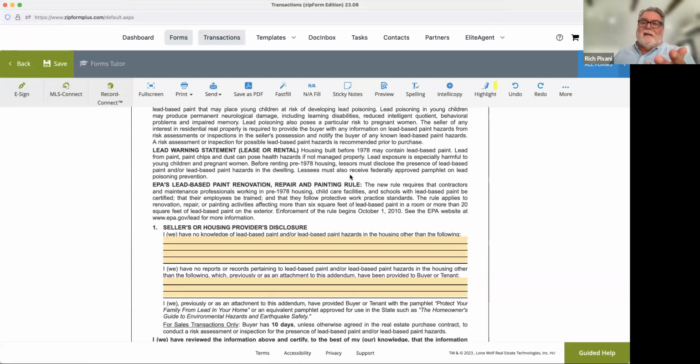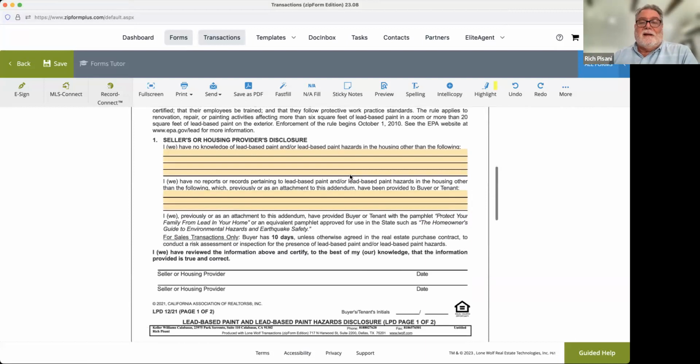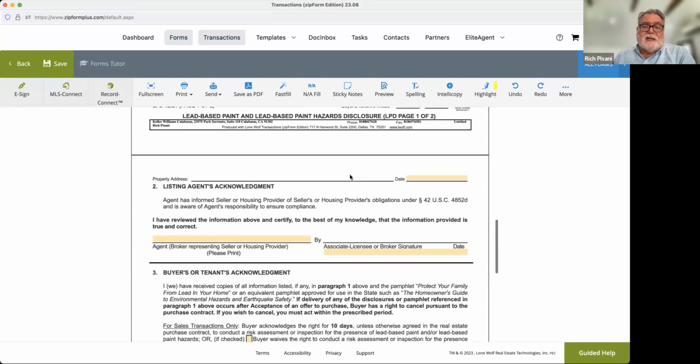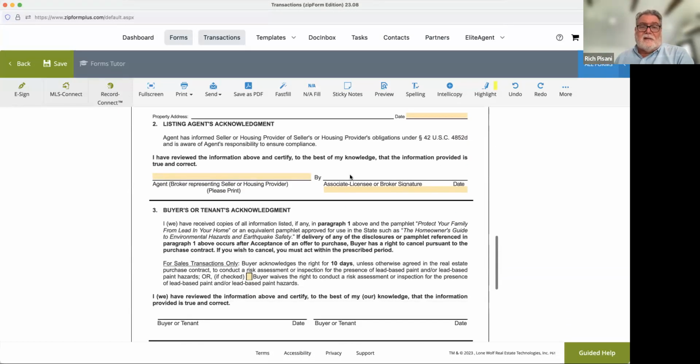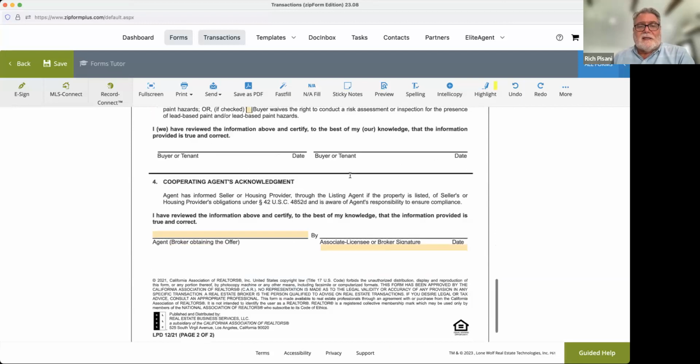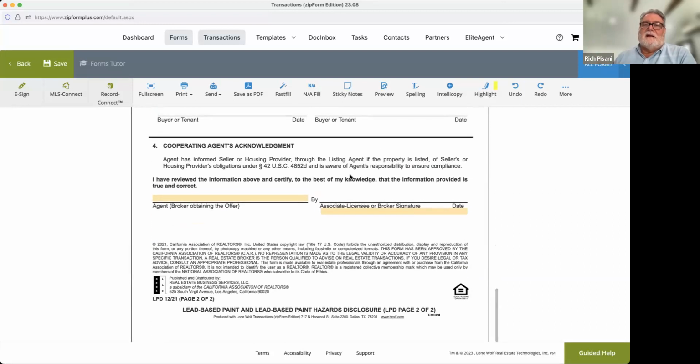Most likely the house was painted with lead-based paint at some time, and they're not going to have any records of remediating it, unless they actually went to a lead-based paint remediation company, which nobody really does. So they're usually not going to disclose anything, and everybody signs off on this, and that's that.